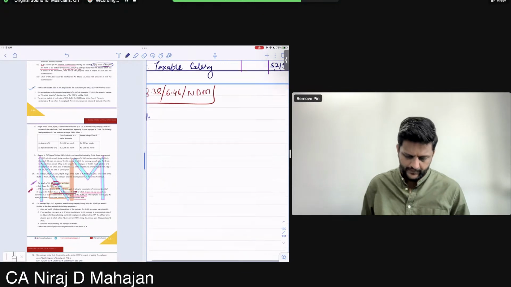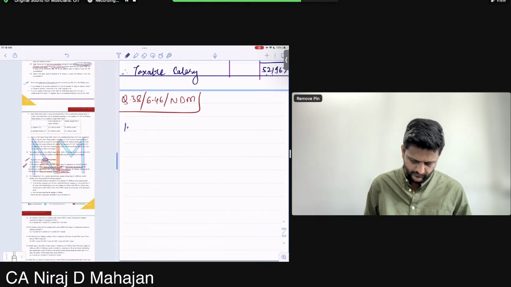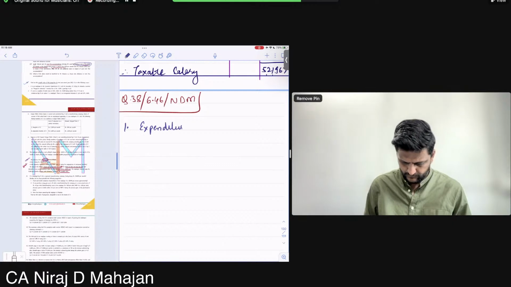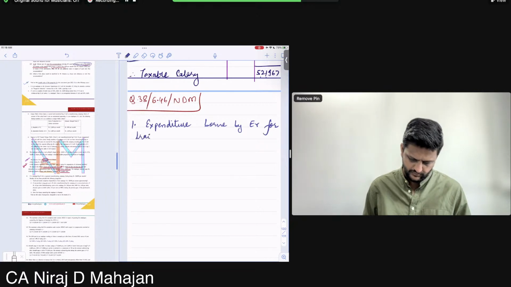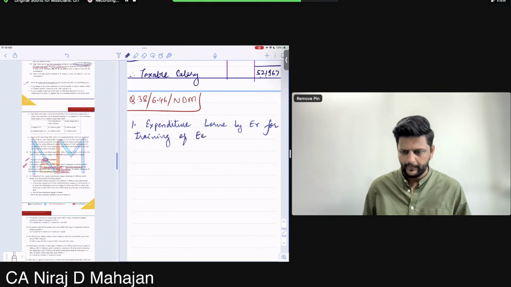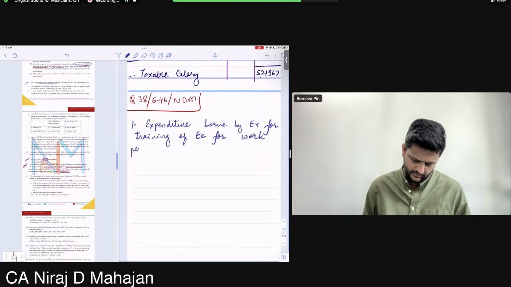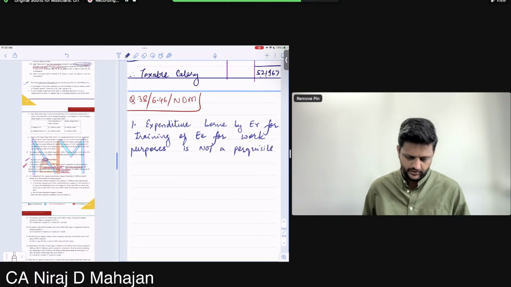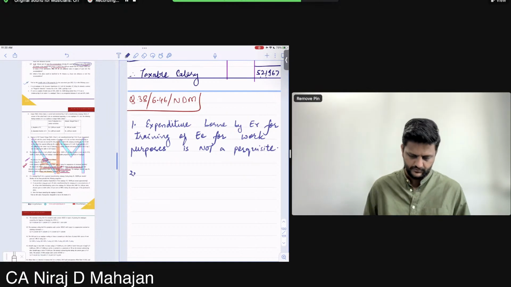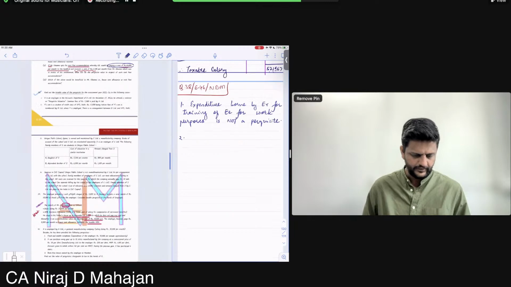Ready? Expenditure borne or paid by the employer for training of employee for work purposes is not a perquisite. Done.